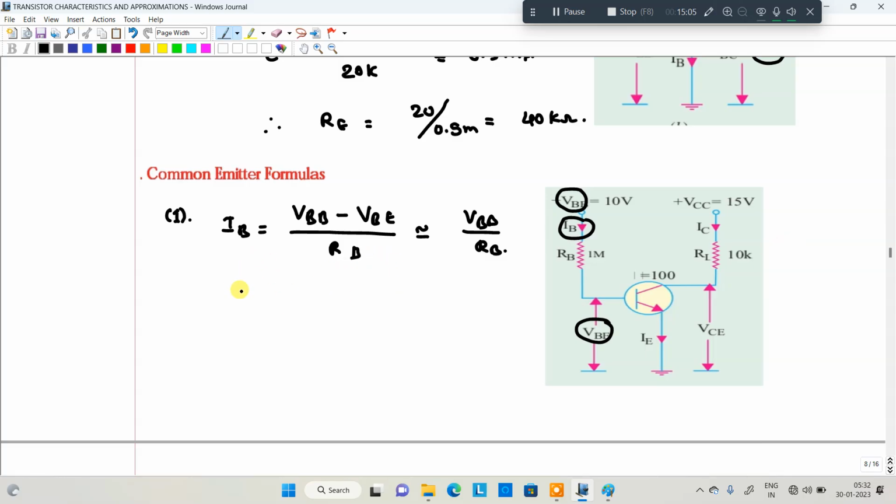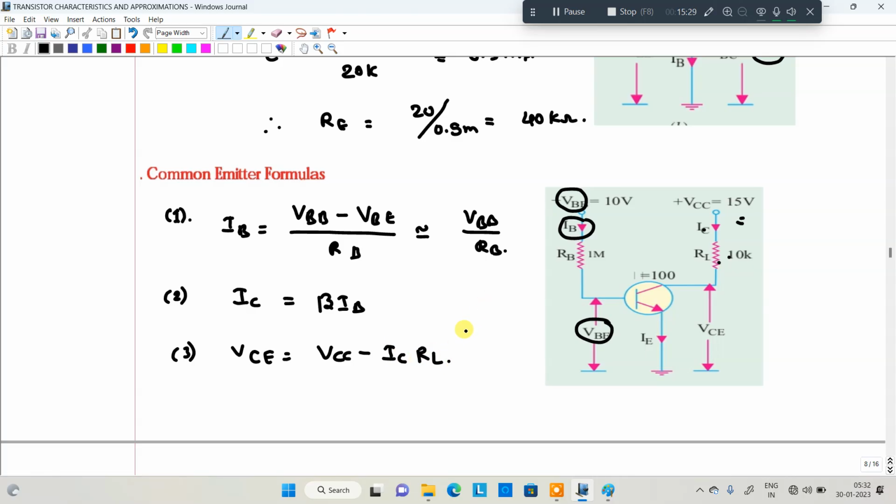After that, IC: if you know IB, IC is beta into IB. Next, the third formula, VCE is equal to VCC minus IC into RL. These are the three formulas we have.